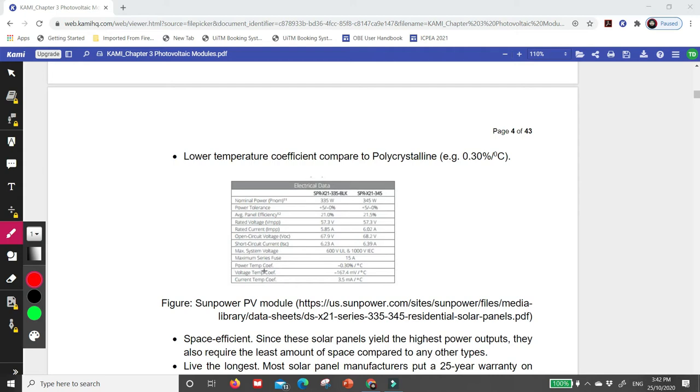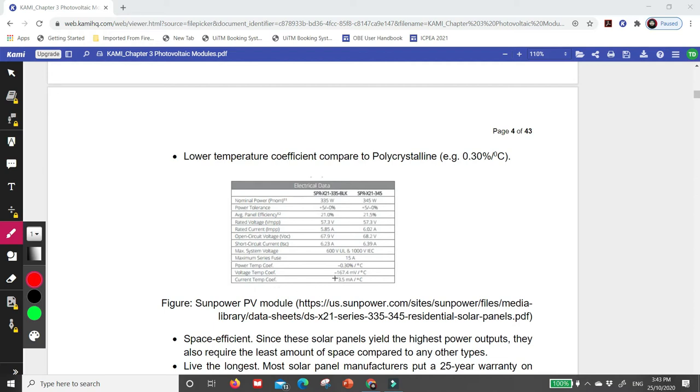For the voltage temperature coefficient, also minus means drop or reduce: minus 167.4 millivolt for every 1 degree Celsius increment. The current temperature coefficient is the opposite of power and voltage. When the temperature increases, the current will increase.